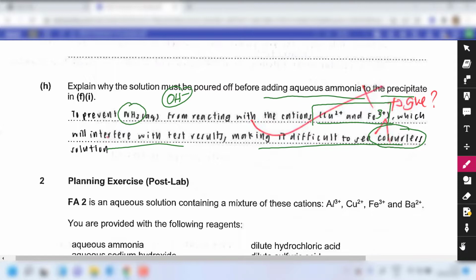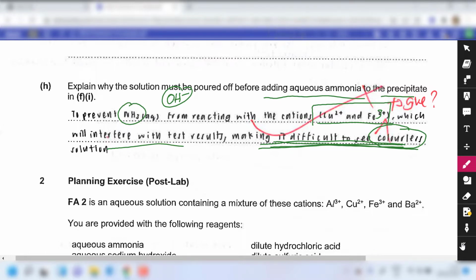It's a complex mixture of brown PPT, green PPT, and then after that you get a dark blue complex, etc. So it's very difficult, as what your friend wrote here, to observe the dissolution of the silver chloride to give us the colorless solution.